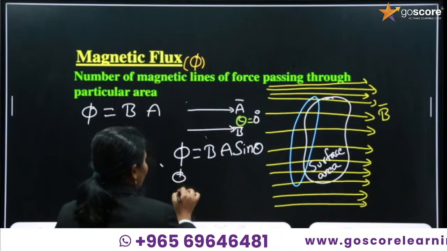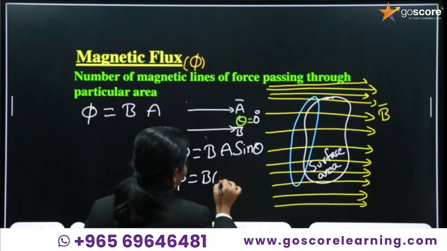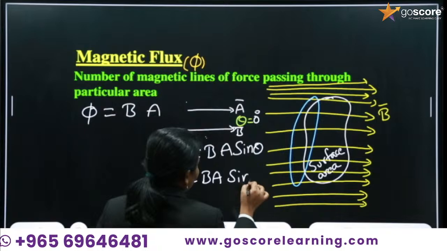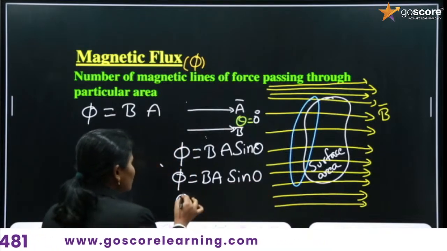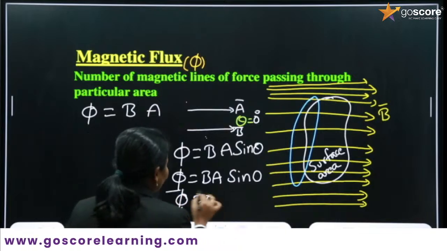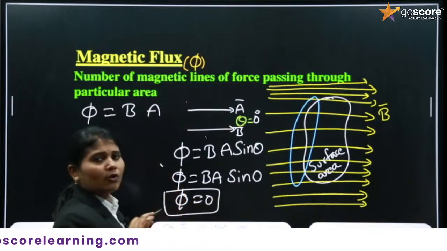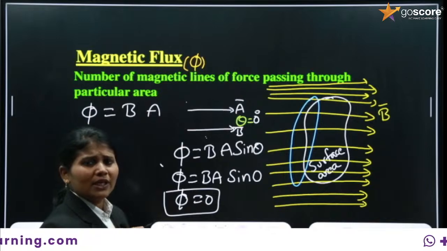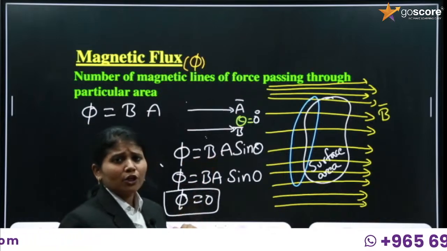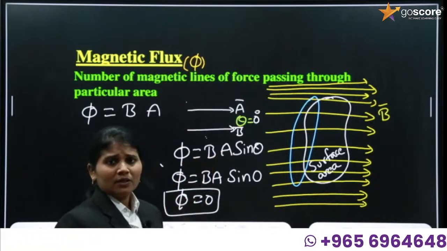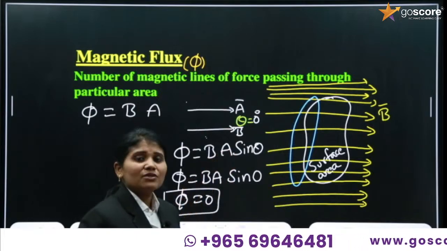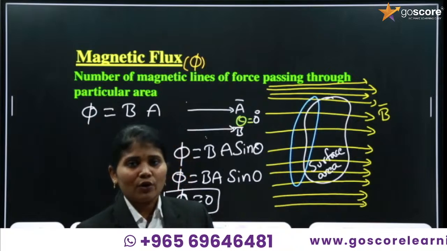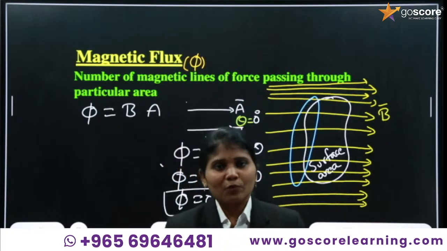Then phi is equal to BA sin 0. What is sin 0? It is 0, so the product is also 0. Here we are getting flux value 0 if we use the vector product. That's why we will use the dot product here.